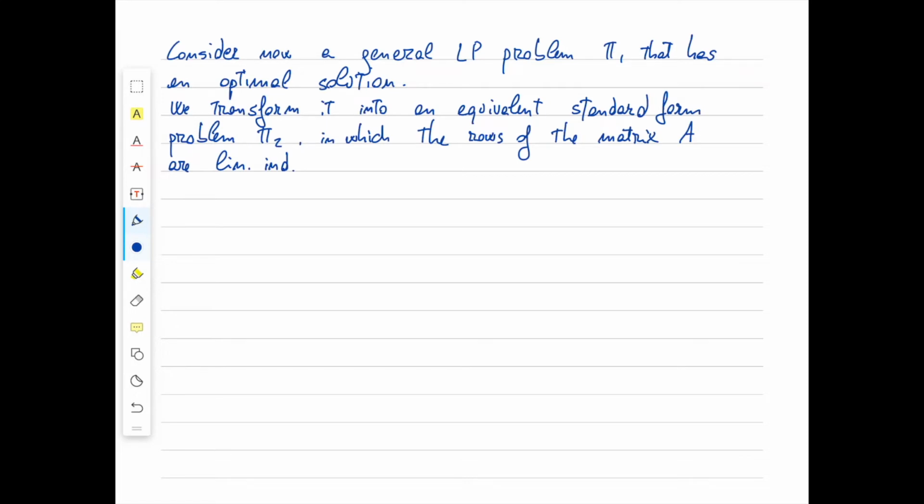We know that we can always reduce ourselves to this setting by dropping redundant constraints.